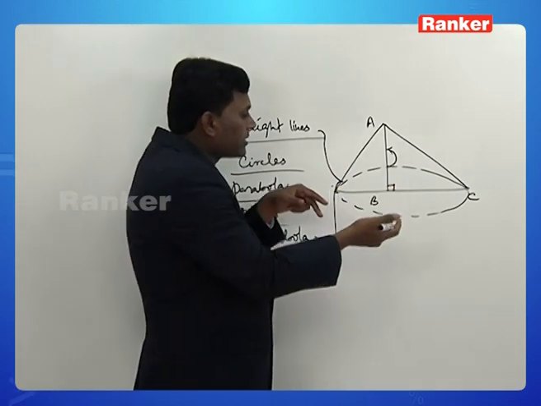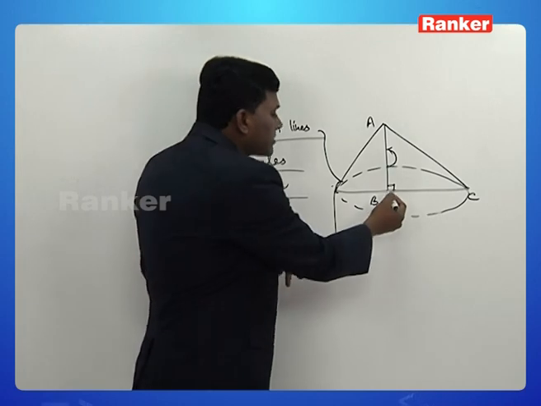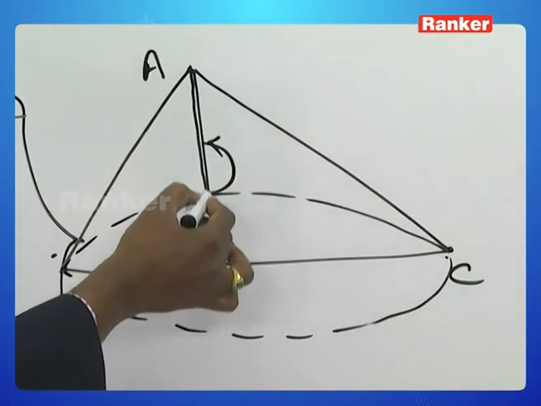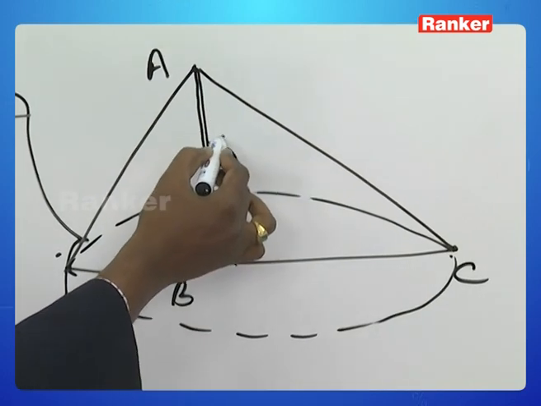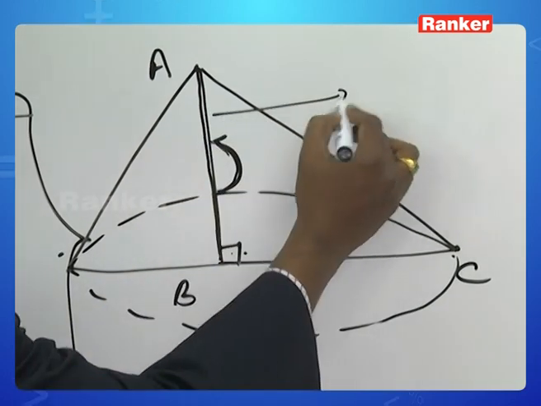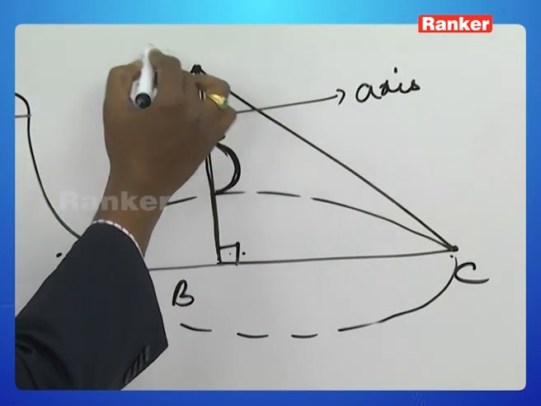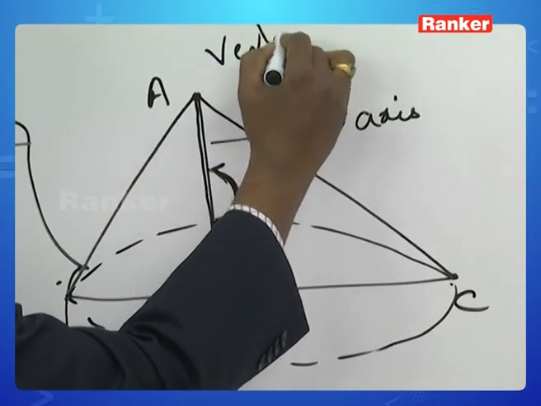Because the base is circular, it is called a right circular cone, in which this vertical line about which the rotation takes place is called its axis, and the point A is taken as the vertex of the cone.